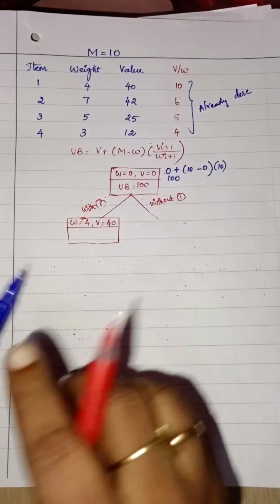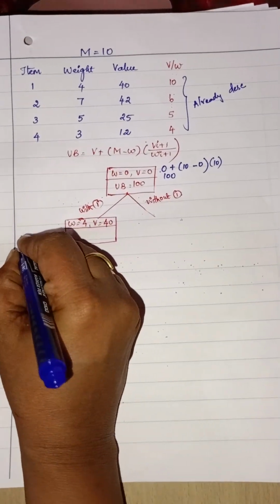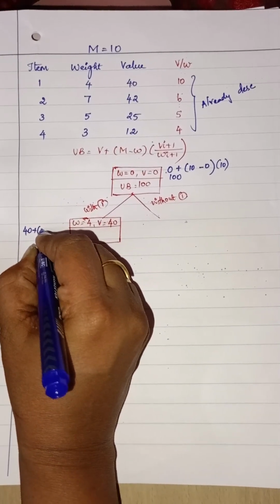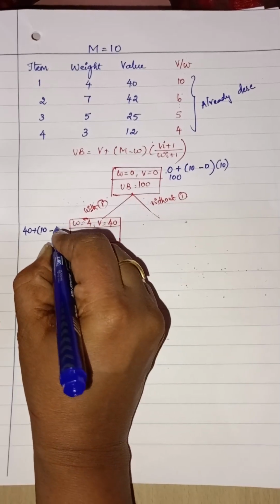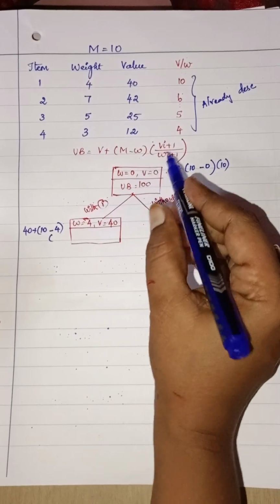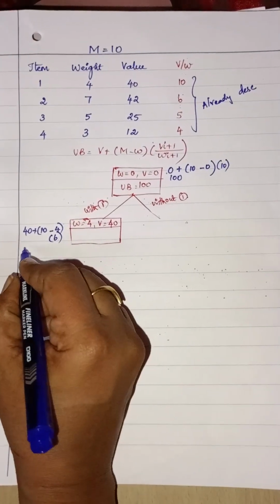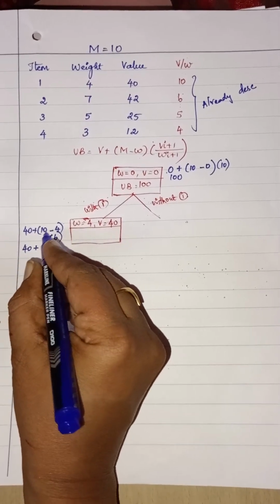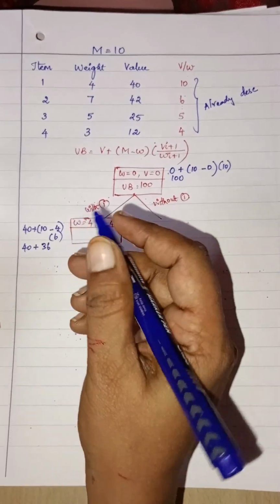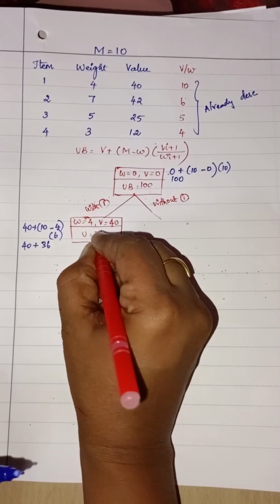And now the upper bound will be V plus, that is 40 plus (M is 10 minus the weight) into, since I am dealing with the first item, this portion should consider the ratio of the second item. So it is 6. So 40 plus 6 into 6. It is 36. So the upper bound will be 76.